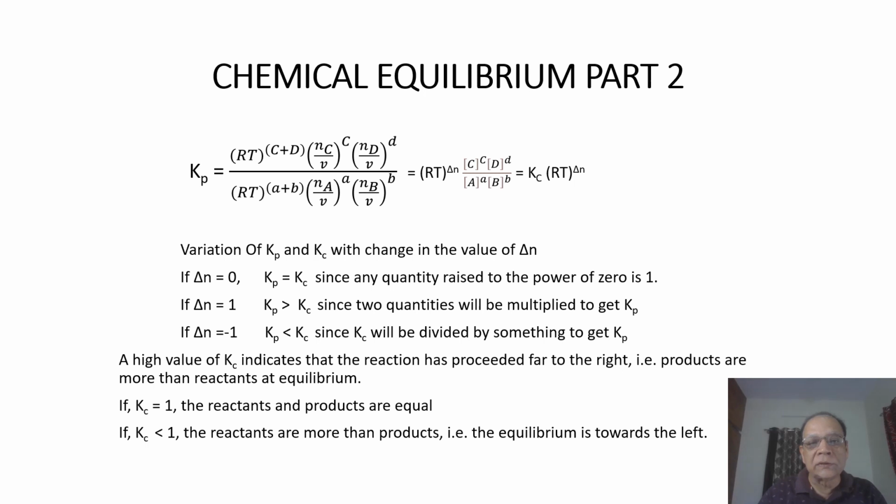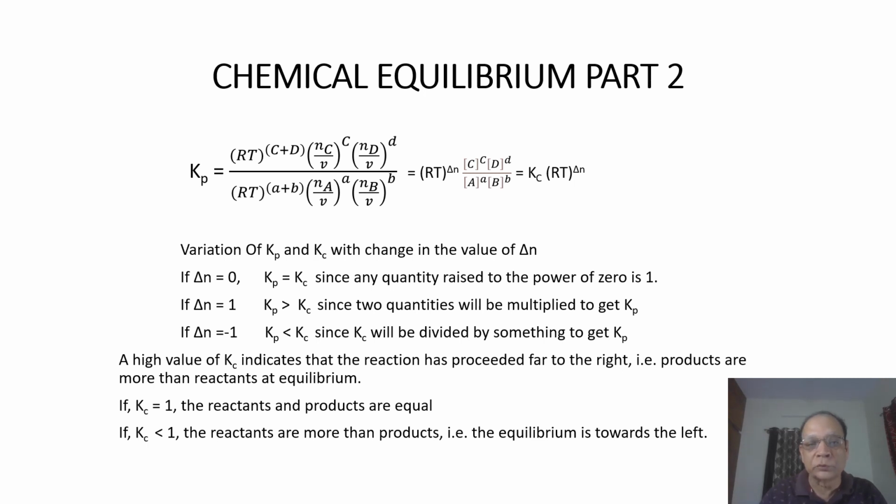For nc by V, we write concentration C. For nd by V, we write concentration D. For na by V, we write concentration A. For nb by V, we write concentration B, as was in the equation for Kc. So Kp turns out to be nothing but Kc into RT whole to the power del n, which is the change in number of moles.